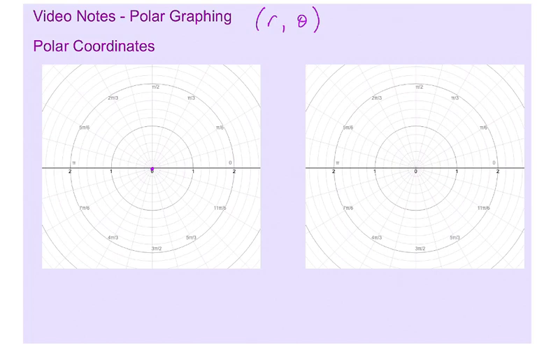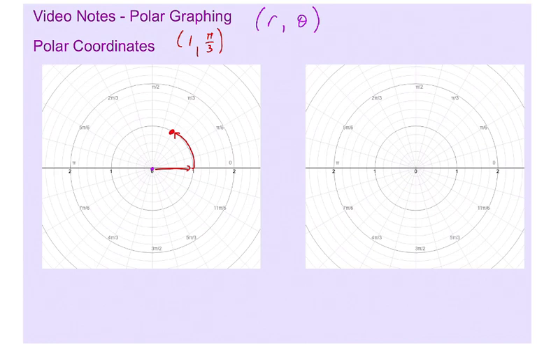So let's try and graph the point 1, pi over 3. What that means is that the radius, so the distance from the pole, is 1, and the angle of rotation is pi over 3. So the point lands right here.